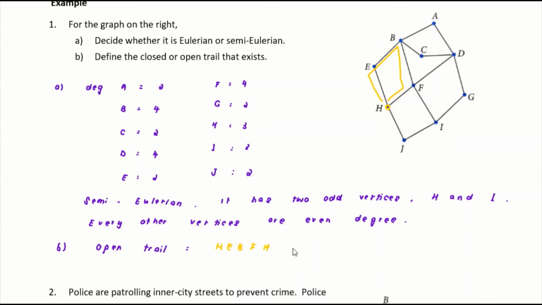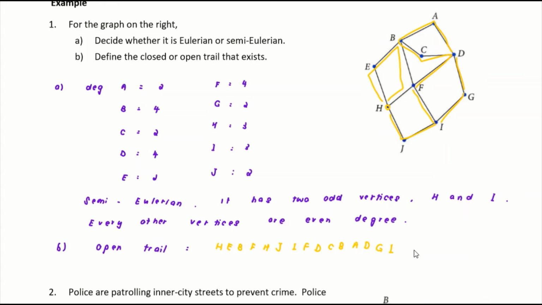After that, I go to J, I, F. You can imagine this might be the last part I want to pass through because I know I'm going to come back to I. So DCBAD, I settle this part. I have passed through everything already, only left with here, so GI. Then you see I pass through all the edges once without repeating anything, and it starts and ends at different points.